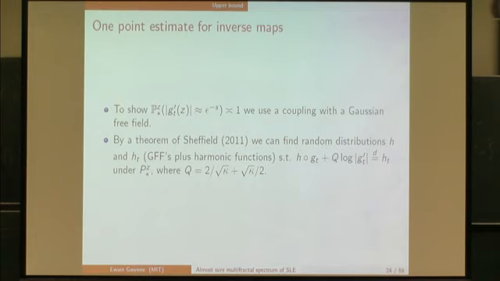The way this works is that we apply a theorem of Sheffield, which says that we can find random distributions h and h_t for each fixed time t, which are Gaussian free fields plus certain harmonic functions, with the property that h composed with g_t plus this constant times log g_t prime has the same law as h_t under the reweighted law, where here q is just this constant which depends on kappa.